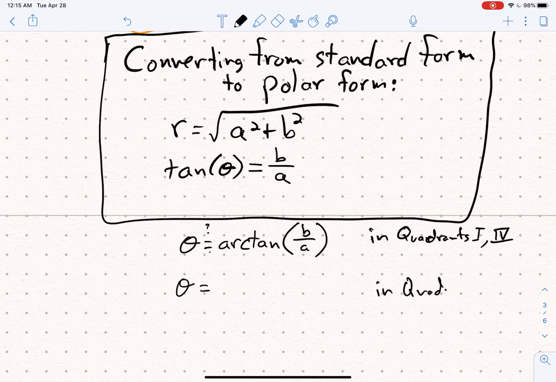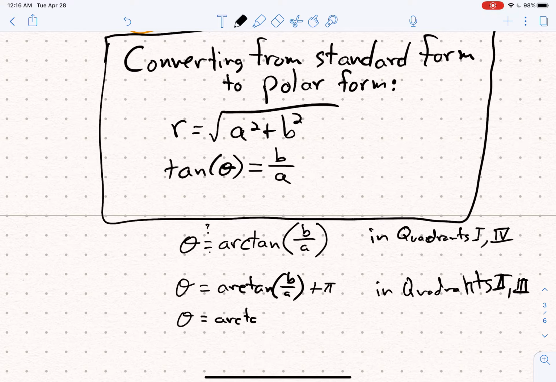So quadrants 2 and 3, how do we do it? Well, we just take that arctangent of b over a, and if it's in radians, we add pi. Adding pi is like going halfway around the circle. That'll get you into quadrants 2 and 3. If we're working in degrees, it would be a similar thing: arctangent of b over a, but here, instead of adding pi, we would add 180.